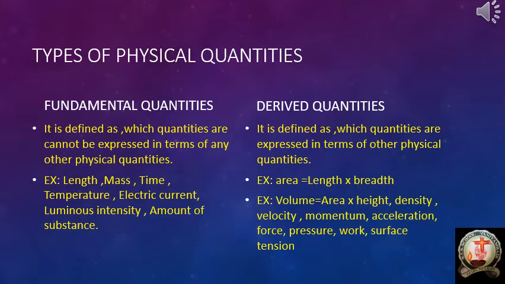Now we can learn types of physical quantities. Usually physical quantities are two types, that is fundamental physical quantities and derived physical quantities. First we can discuss fundamental physical quantities.